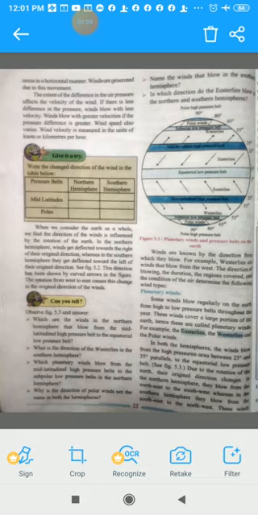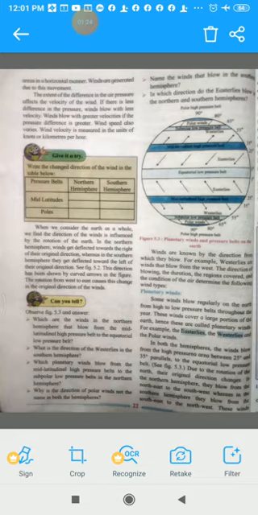So remember two things about planetary winds: they blow throughout the year, and they cover a large portion of the planet earth. Then we also saw the examples of planetary winds. What were they? Easterlies, westerlies, and the polar winds.